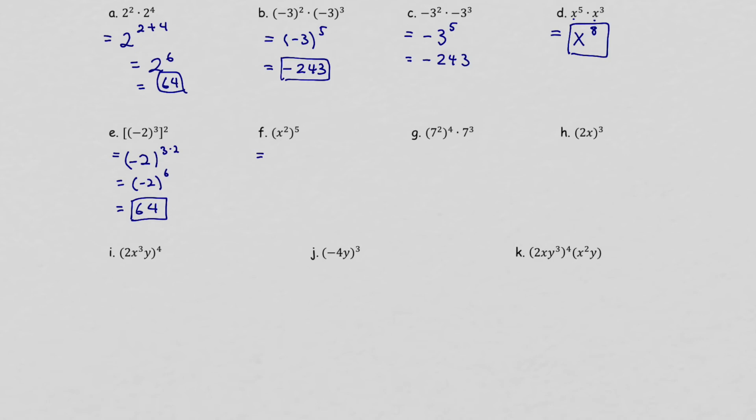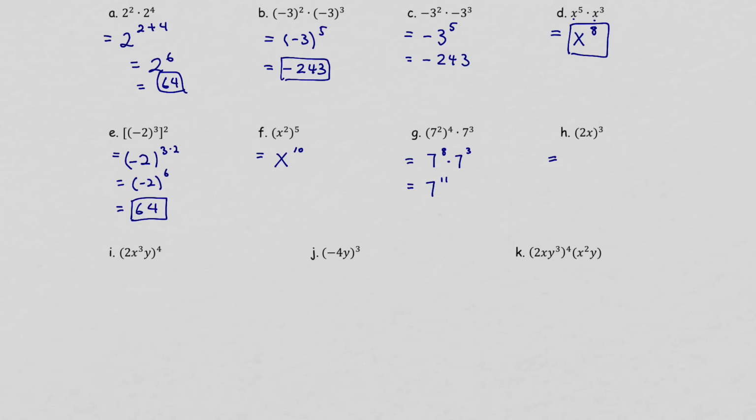This one, double exponents, we mentioned that's the same as multiplying, so it will be 2 times 5, which is going to be 10. What about this one? You have double exponents, so you're going to multiply 2 times 4 and times 7 cubed. Multiplication with same base and different exponents means you're going to add them, so it will be 8 plus 3, which is 11.